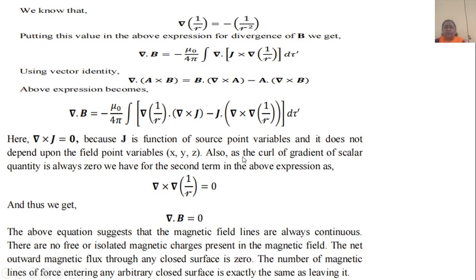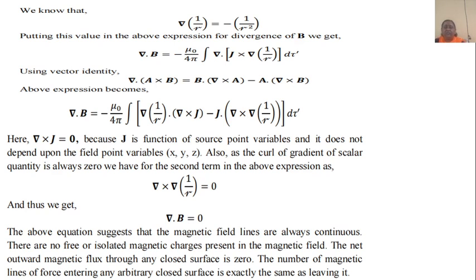As the curl of the gradient of a scalar quantity is always 0, for the second term in the above equation, that is del cross del (1 upon r), this quantity is also equal to 0. So we get del dot B equal to 0.